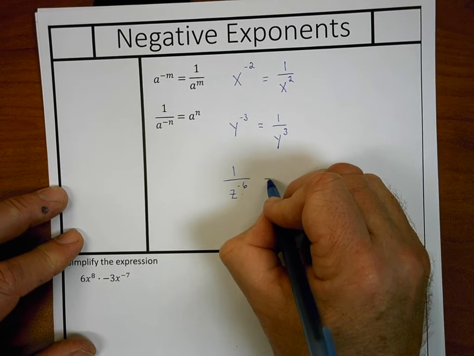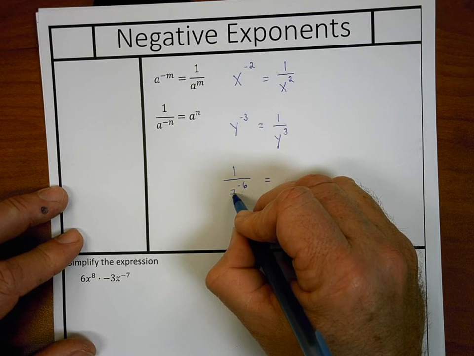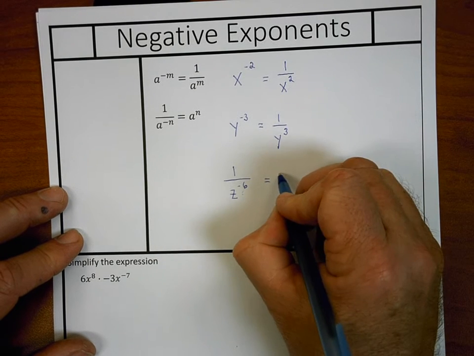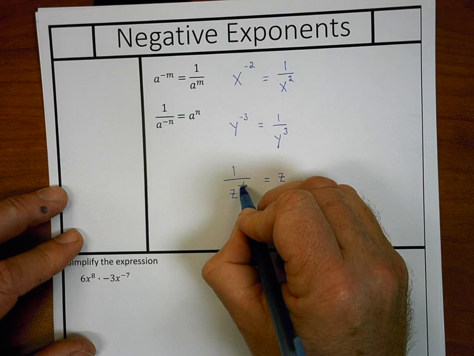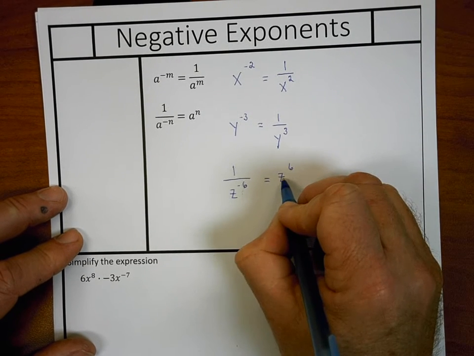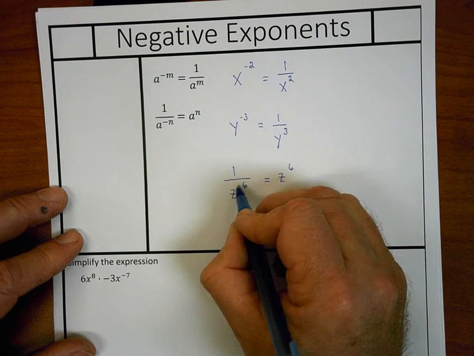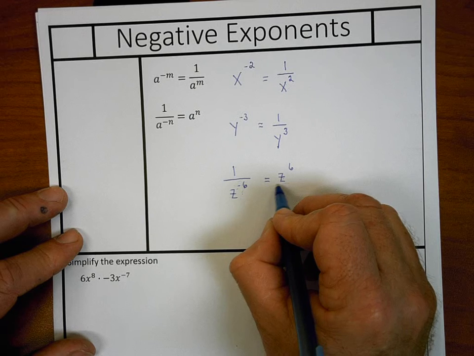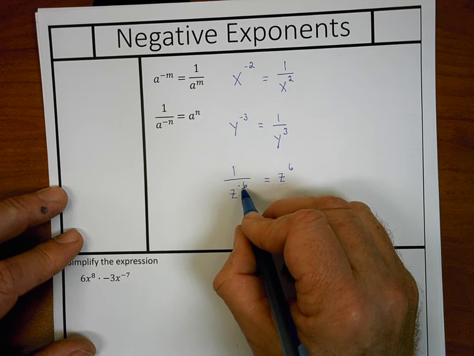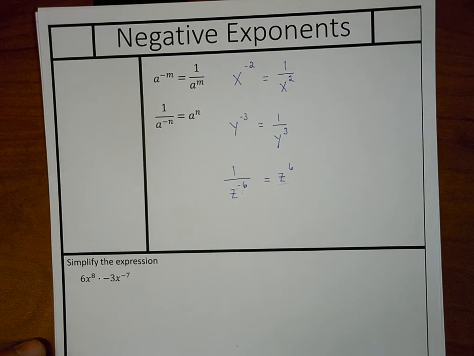To rewrite that, I would just move this z from the denominator up to the numerator. So I would have a z here. The negative 6 power would become a positive 6 power. And then that part gets moved to the numerator and there's nothing below, so we don't have to write the fraction line there. So 1 over z to the negative 6 would simplify to just z to the positive 6 power.